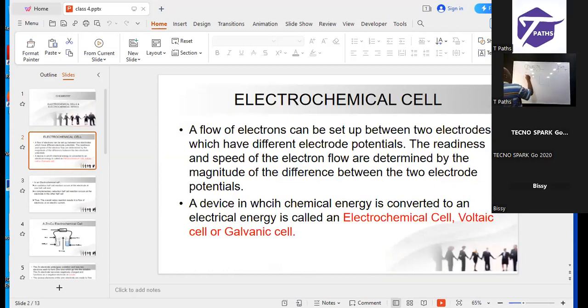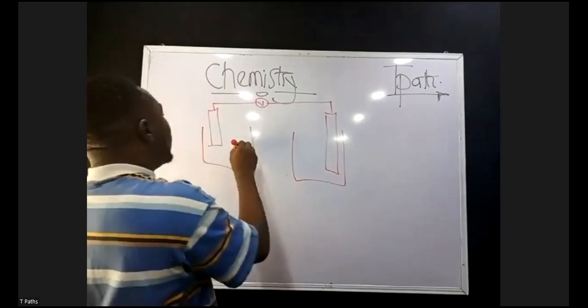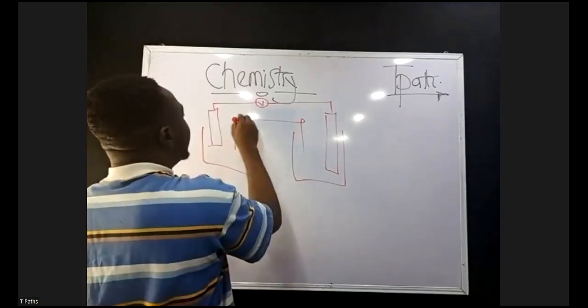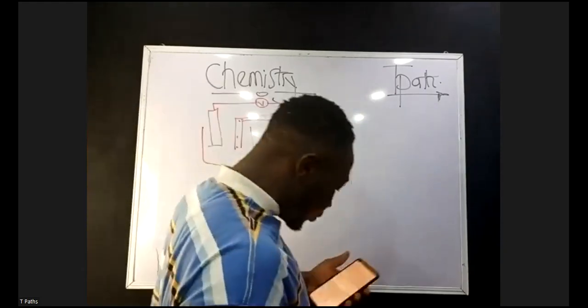These are two different beakers, and we also learned that they come together through a voltmeter, with electric current flowing, and there's always a salt bridge through which ions move.